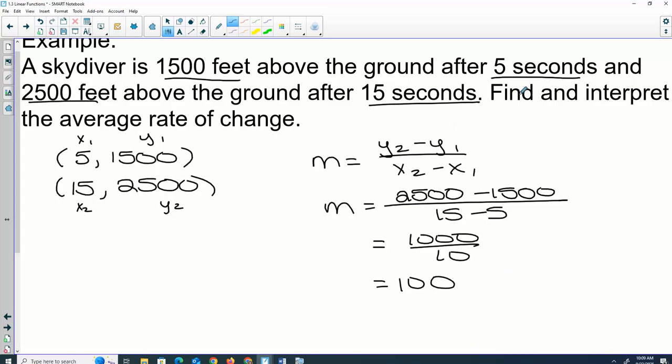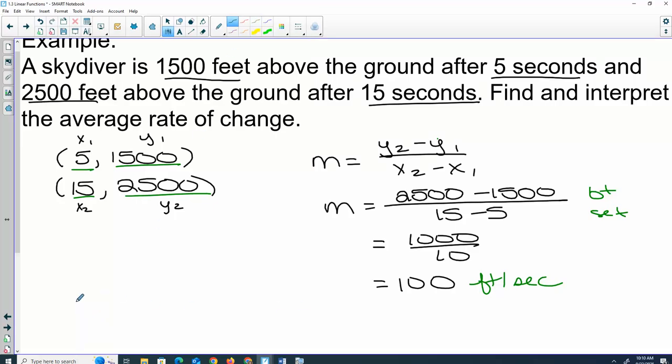But when I say interpret it, you have to tell me what that means. So first of all, this is a positive number. So what does it mean? We are increasing. Okay? We need units here. Think about how we did this. We did y over x. What were the units on my y values? Feet. What were the units on my x's? And a division line is like saying per. So it's 100 feet per second.